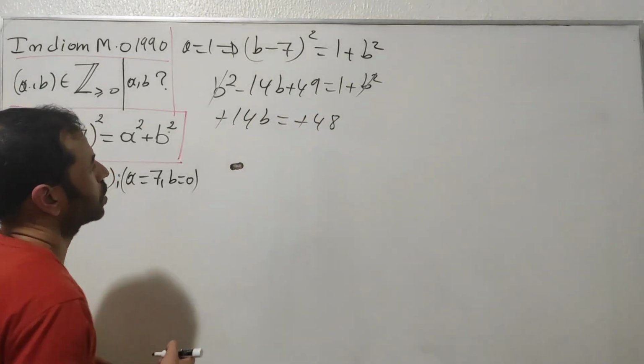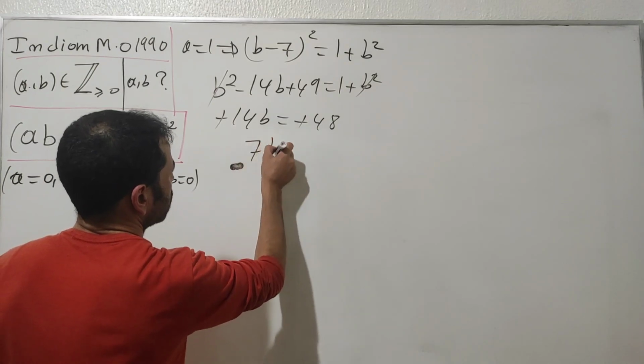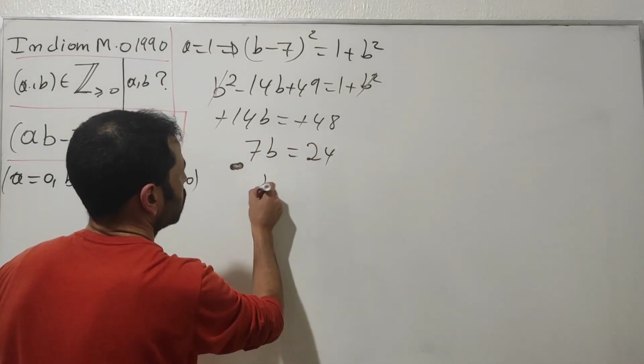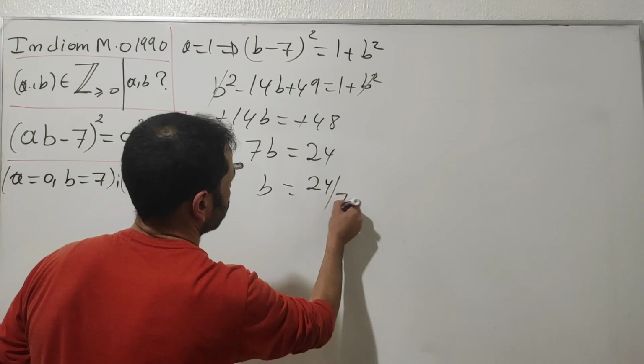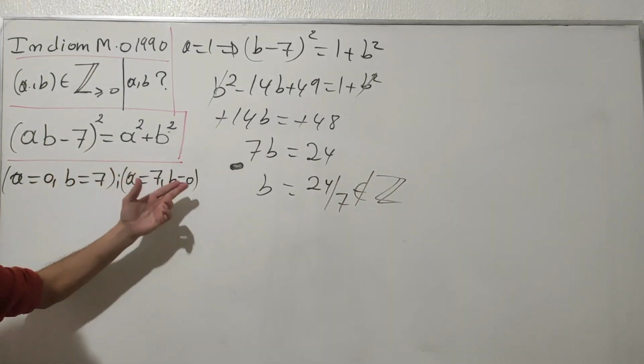Cancelling the minus signs and dividing both sides by 2, I get 7b equals 24, so b equals 24 over 7. But this is not an integer, so a equals 1 or b equals 1 is not a solution.